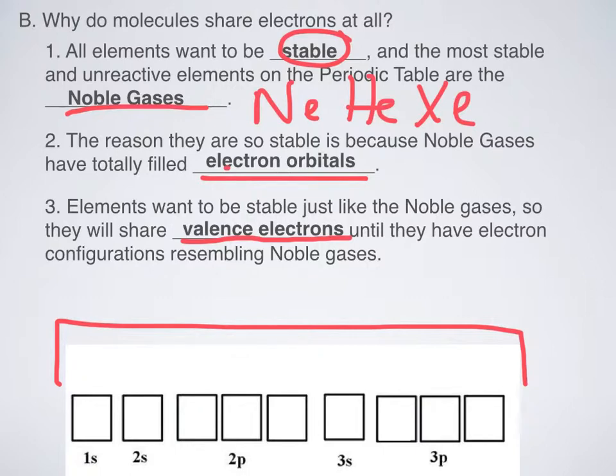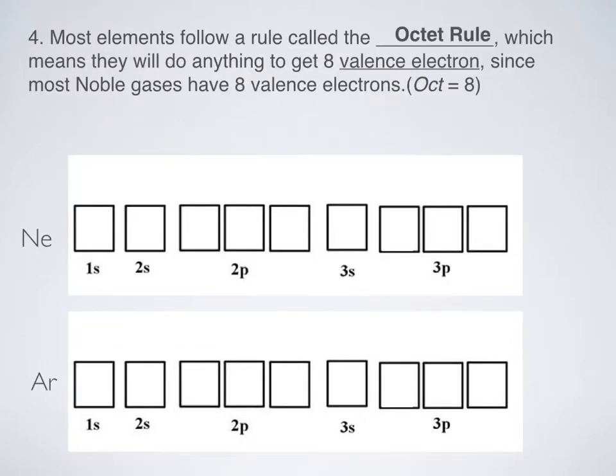That's what other elements on the periodic table are striving for. Most elements, especially the ones that we're going to be dealing with, follow a rule called the Octet Rule. Remember, octa means 8. That means they will do almost anything to get 8 valence electrons, since most noble gases have 8 valence electrons. And to prove that, I'm going to draw the orbital diagrams for both neon and argon.